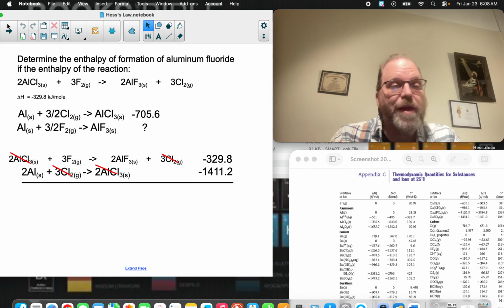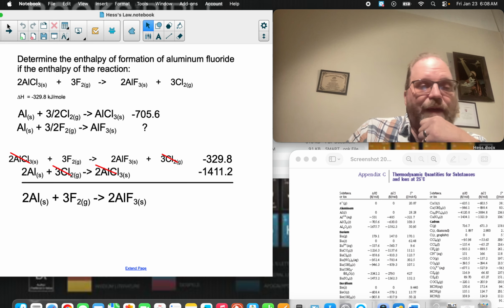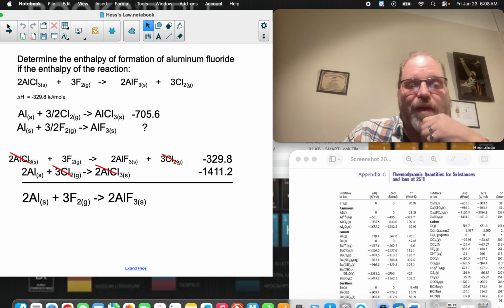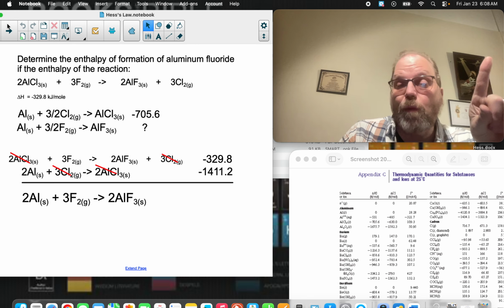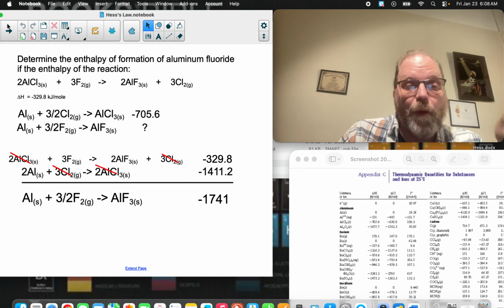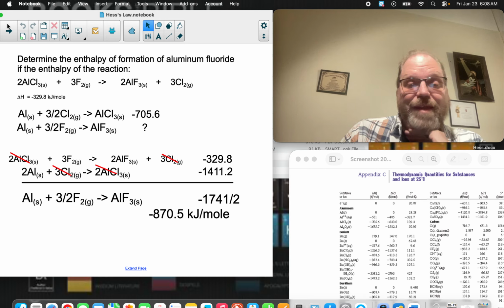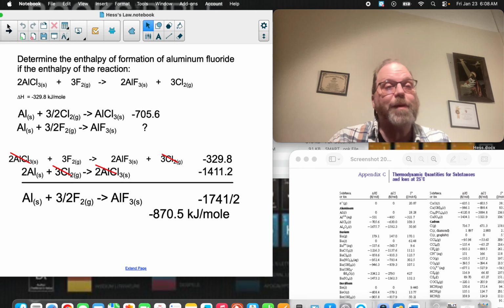Bring everything else down, we get 2Al solid plus 3F2 gas gives us 2AlF3 solid, but we only want 1 mole for formation. So we have to divide the answer we get by 2. So the answer is negative 870.5 kilojoules per mole, and that's my answer.